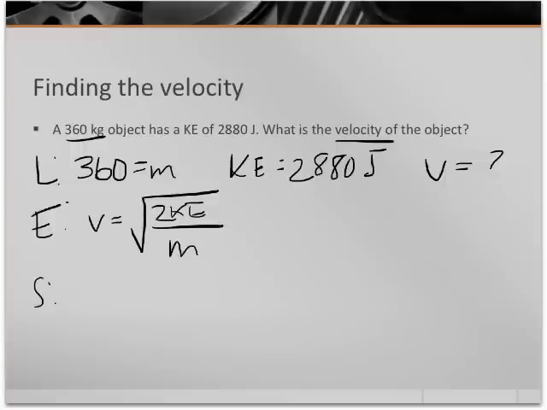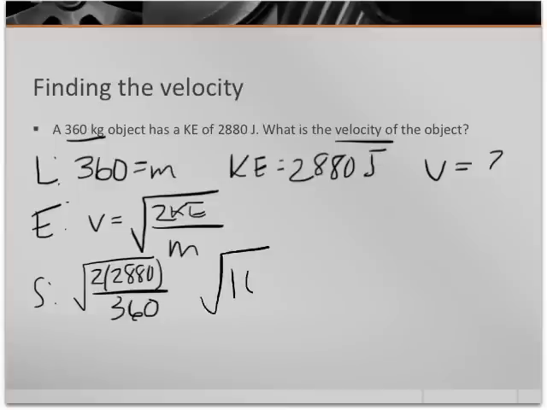So if you plug that in, you're going to have the square root of 2 times 2,880 divided by 360, which on the inside of the radical ends up simplifying to 16. So the square root of 16 is 4. And our units, because we are solving for velocity, hopefully you remember these, meters per second.